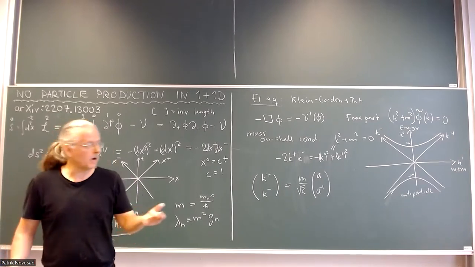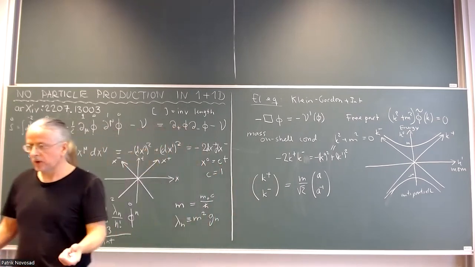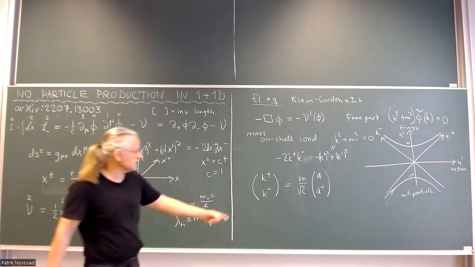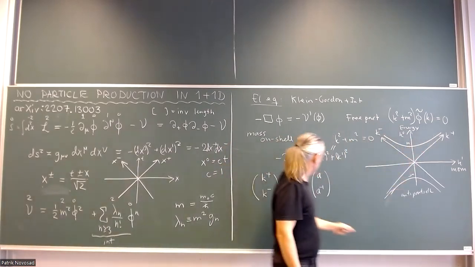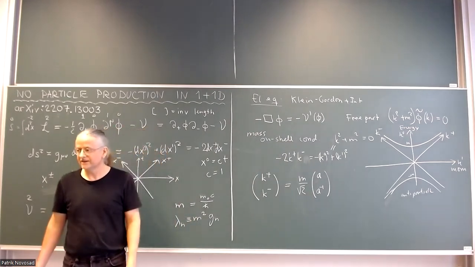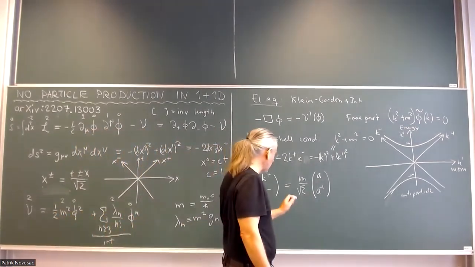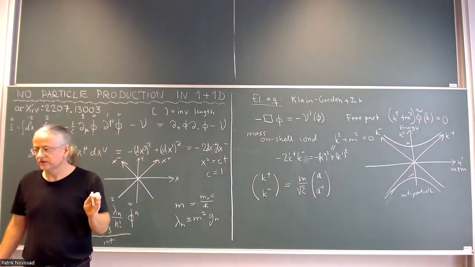We have one mass shell condition, so that means we have one free number we can vary. So we can parameterize the hyperbola with a free parameter a. Make sense?